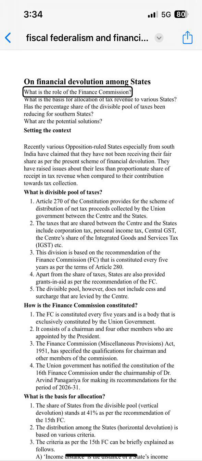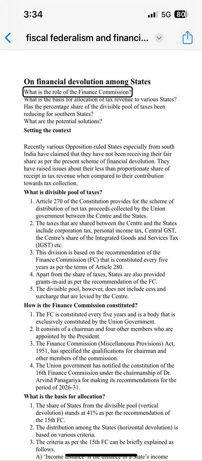Then the last one, the efficient tax collection and industrialization of the state would be considered for the tax revenue shared by the center with the states.